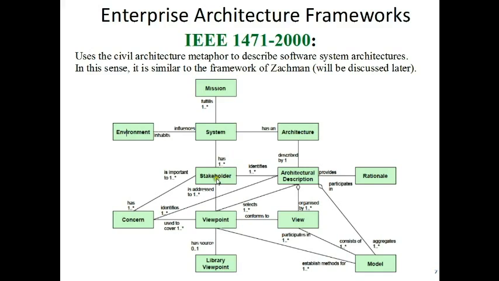So your customer stakeholder has a point of view which is services, and we create a view to conform to that viewpoint, the business services view, and that view is part of the architecture description. It describes the architecture from the business services view, and so on. So this is basically the very nucleus of this framework.